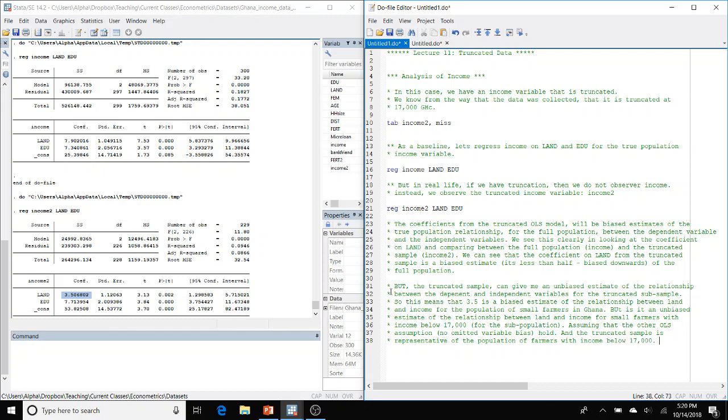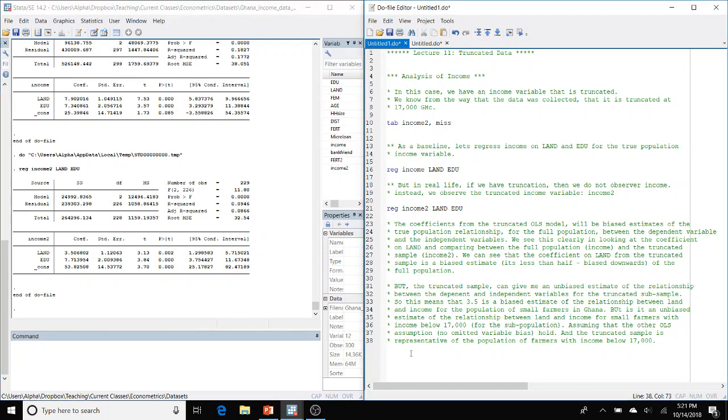So basically it's a matter of interpretation. This 3.5 is a biased estimate of the relationship between land and income for the full population. However, as long as the other assumptions hold, and as long as this truncated sample is representative of that subset of the population, so farmers below 17,000 Ghana cedis a year, then this will be an unbiased estimate for that subpopulation.